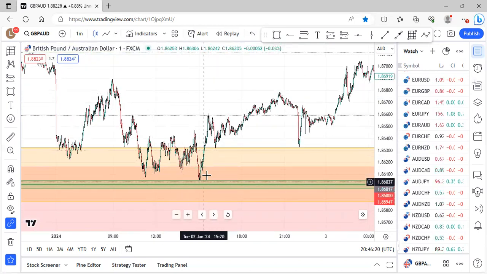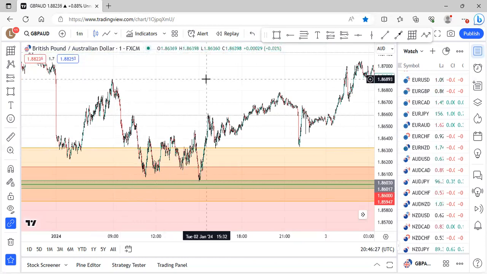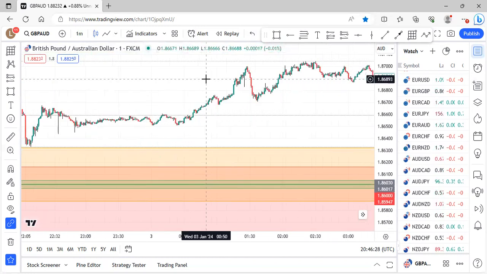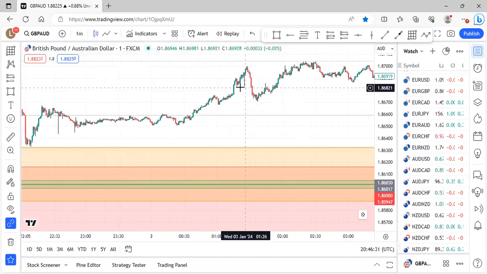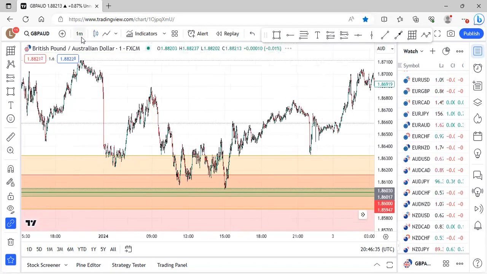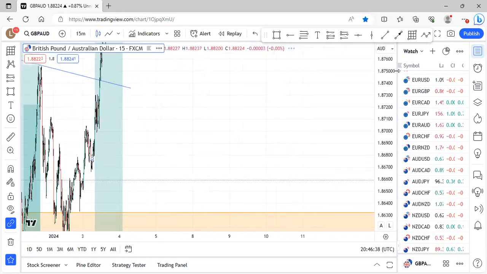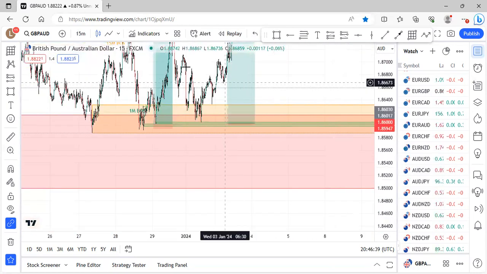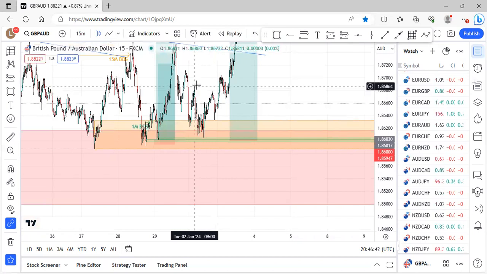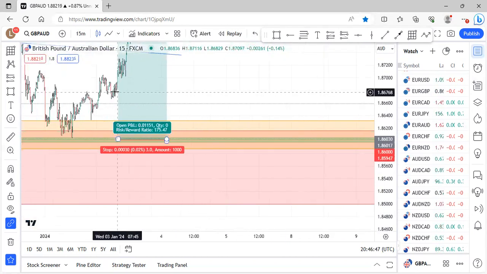So if I'd been in here at the first point where I want it to break here, and it doesn't really crack around, it breaks through within like 5 minutes. Once it breaks through that, I'd be thinking, nice one, let's go on 15. With the next one, I want to break on 15, like you'd be here, this one, which pretty much goes straight away by the looks of it.